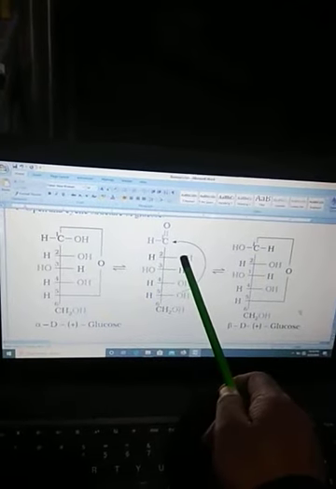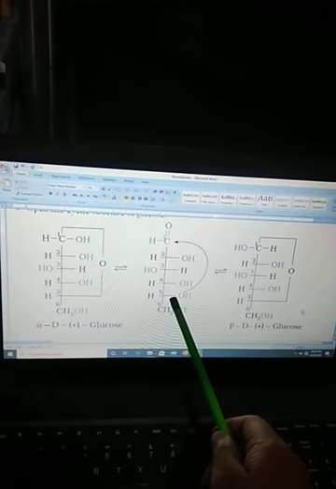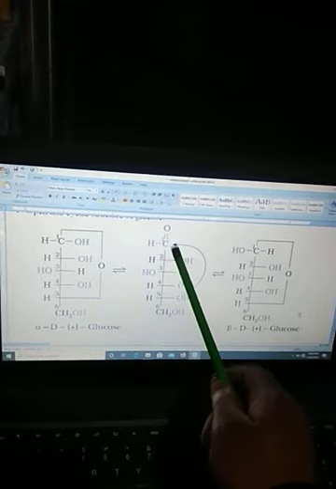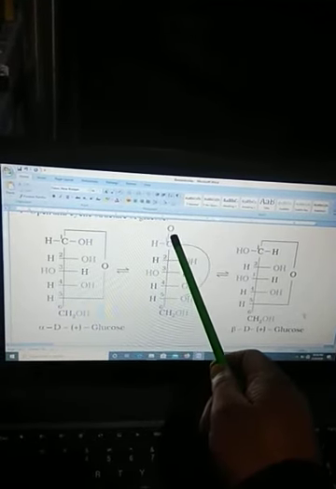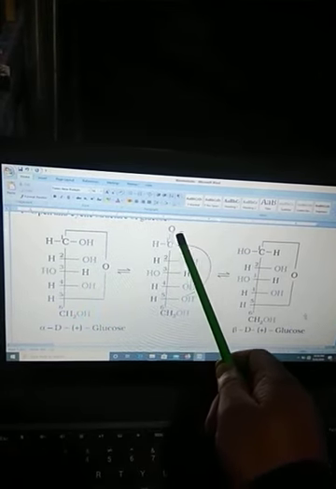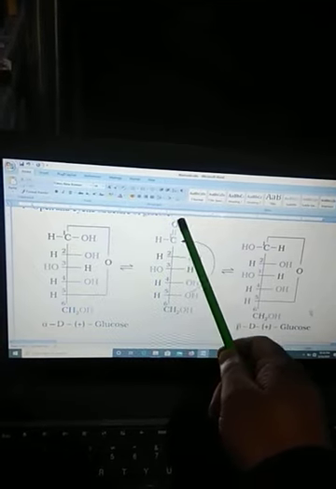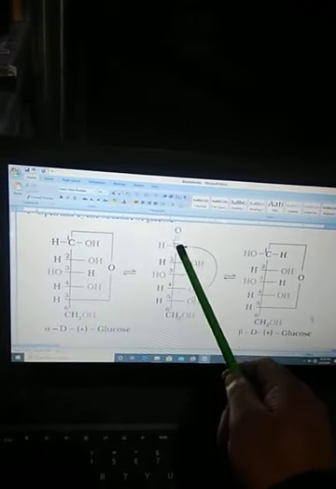Now in this, from carbon number 5 OH to carbon number 1, there will be a transfer of hydrogen. This is a carbon-oxygen polar bond. So the bond will break towards the oxygen atom, so it will be negative, and this carbon becomes positive.